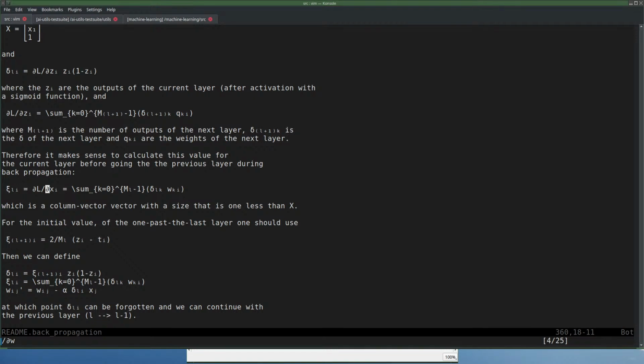It's the inputs, isn't it? Derivative of the loss function relative to the inputs. Huh? No, wait a minute. This is the initial xi, isn't it? No, this is the initial xi. That's the derivative of the loss function.